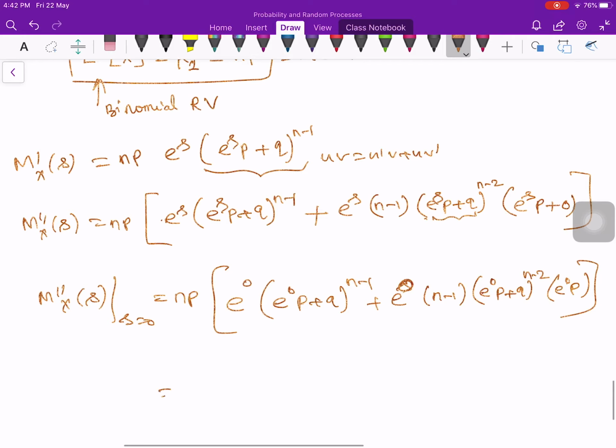Now simplify this. We have np, and e to the 0 is 1, so 1 plus n minus 1 times 1 times p.